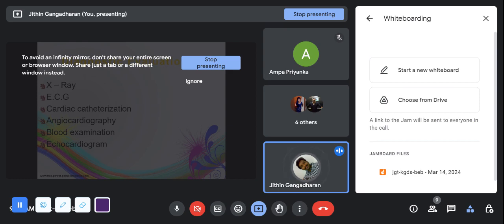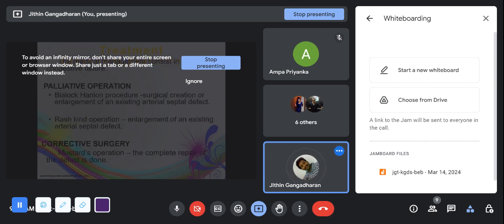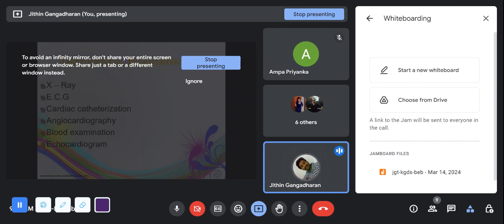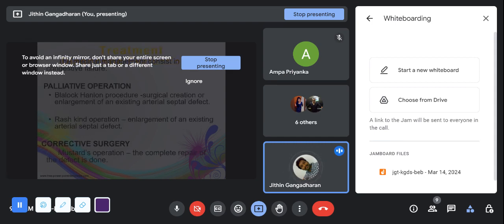For diagnostic evaluation, there is no point in going for X-ray, ECG, all those things. Just looking at the baby will diagnose it. The confirmatory test is the cardiac echocardiogram first. Then, kindly study these surgeries.